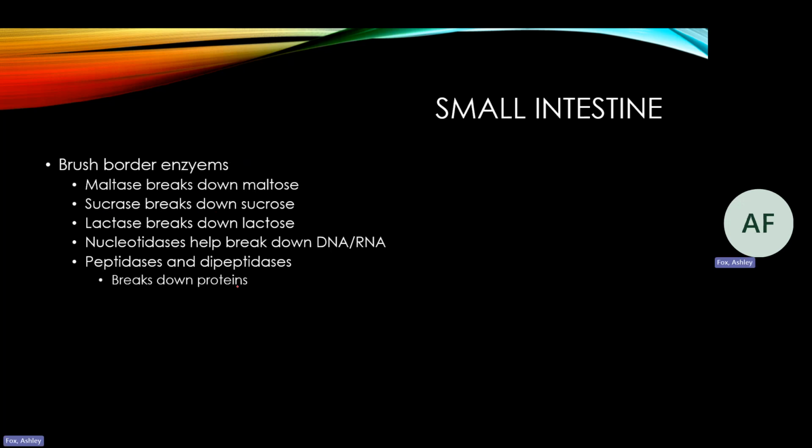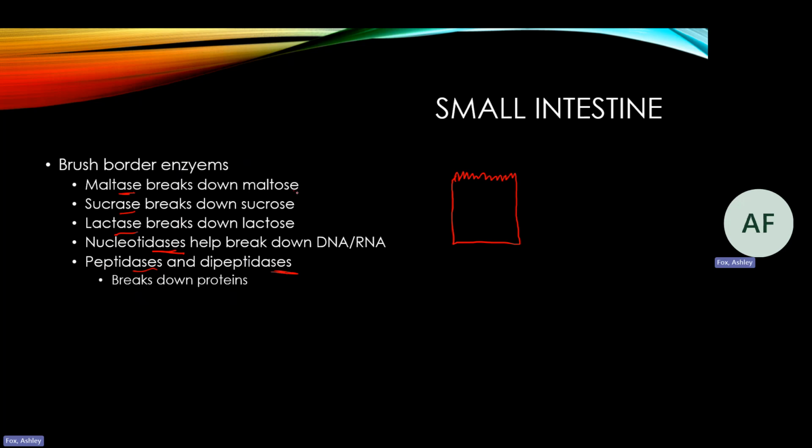So remember brush border enzymes, like I said, so brush border is the microvilli on the surface of the cell. And we're going to see coming up later that the last part of breaking down things before they're absorbed actually happens at the microvilli where we have enzymes. So we have maltase, sucrase, lactase, nucleotidases, peptidases and dipeptidases.